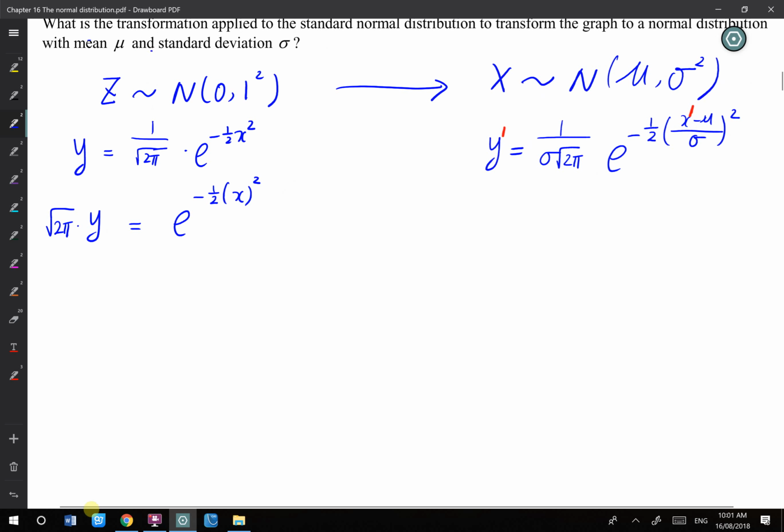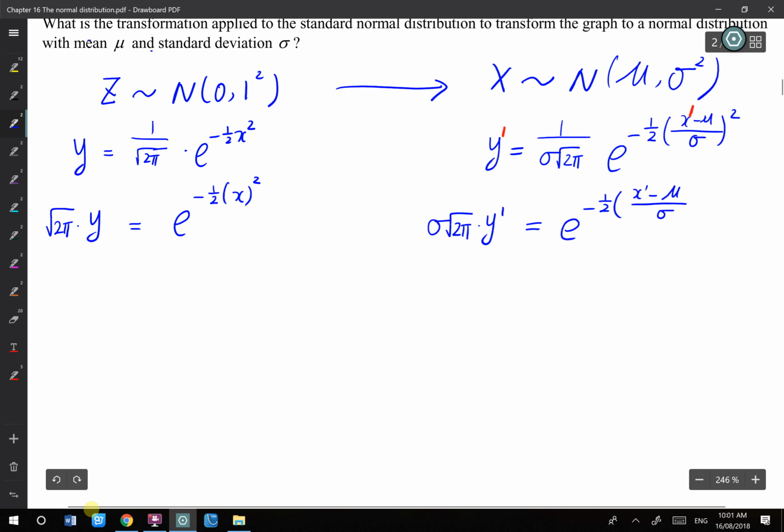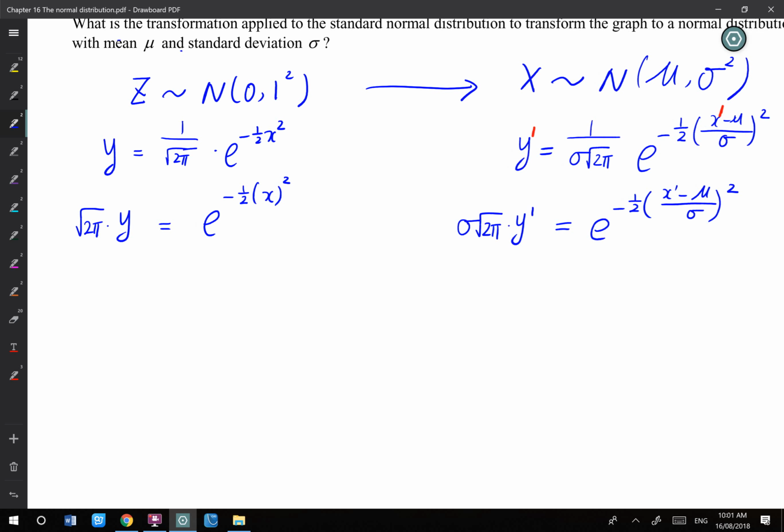On this side, I will have sigma square root 2 pi times y dash equals e to the power of negative a half, x dash minus mu over sigma, squared. Both sides are negative a half something squared, so that's the same format already.